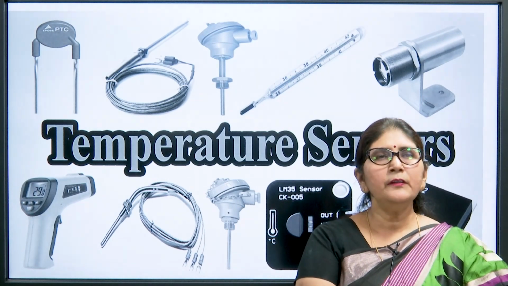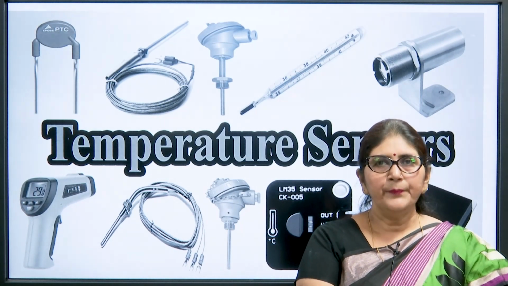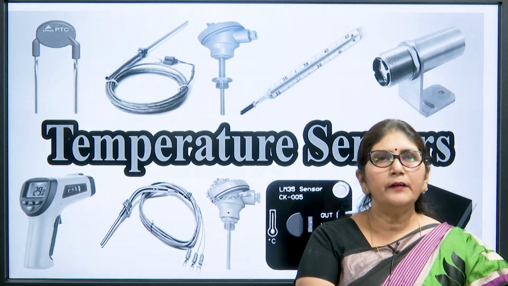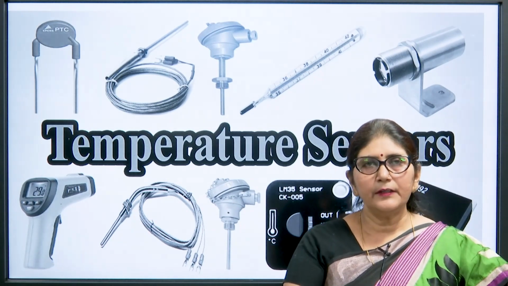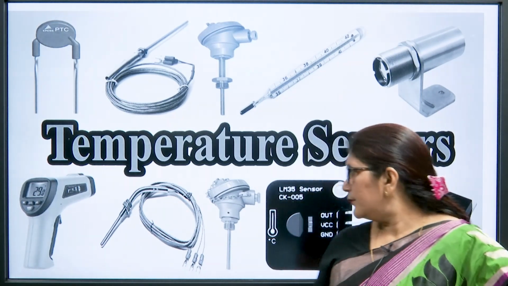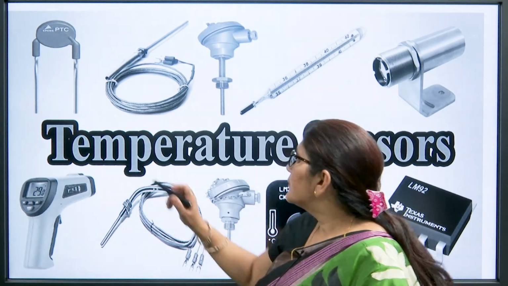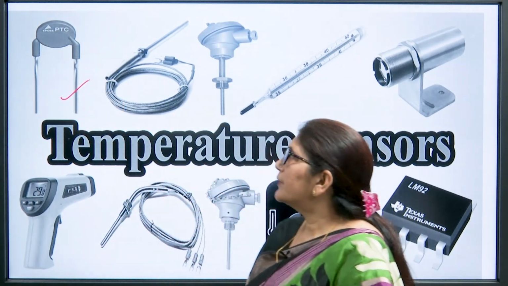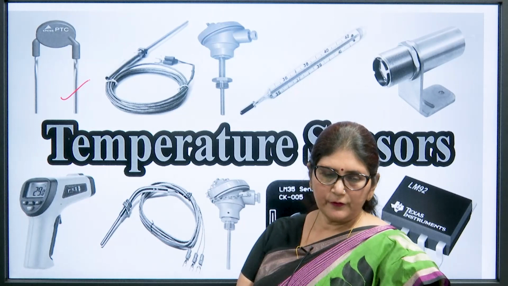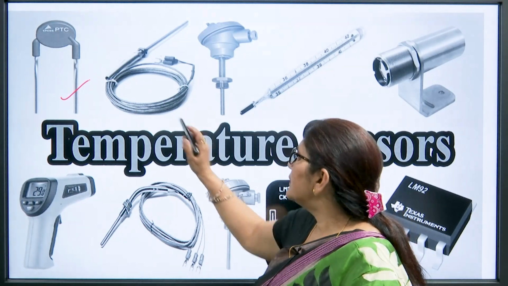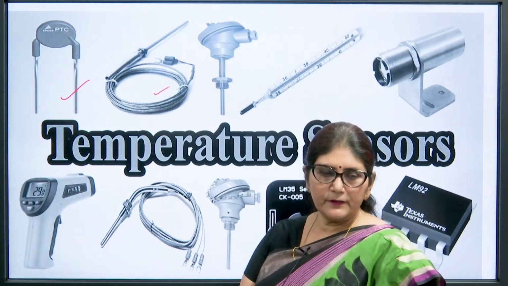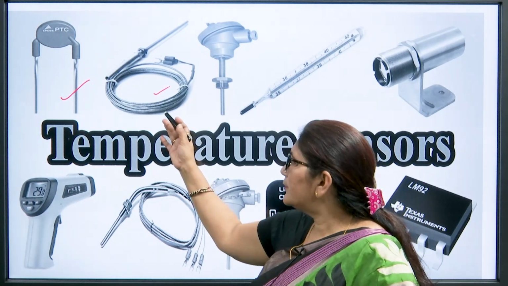Then this picture I have taken from the internet. There are different types of transducers, like the PTC transducer. This is the thermistor type of transducer, that is the positive temperature coefficient transducer. This is another type of transducer, that is the thermocouple transducer.